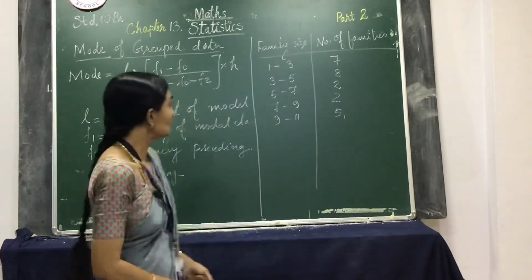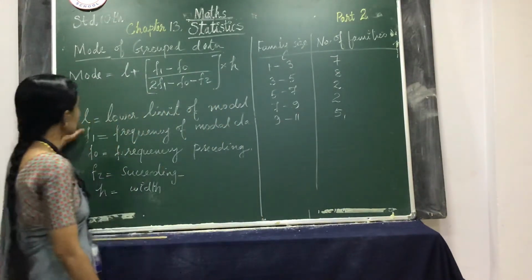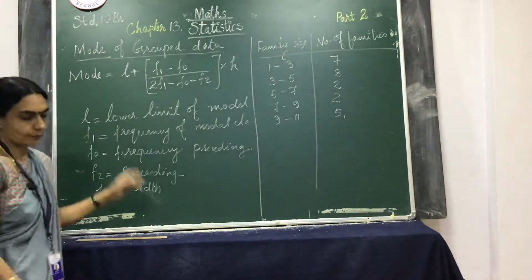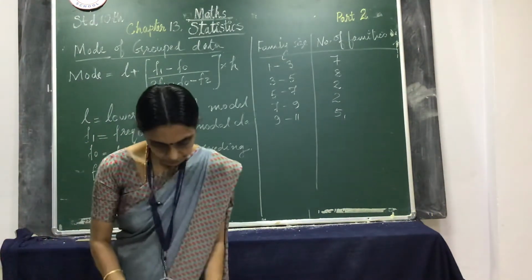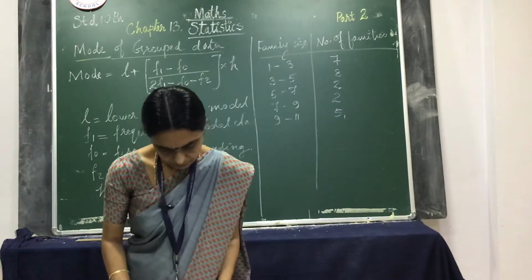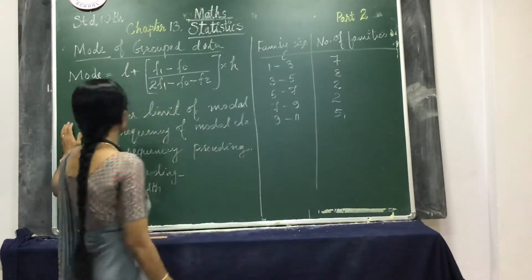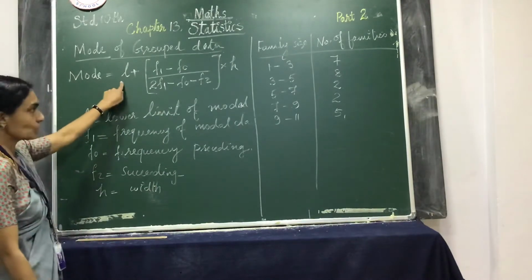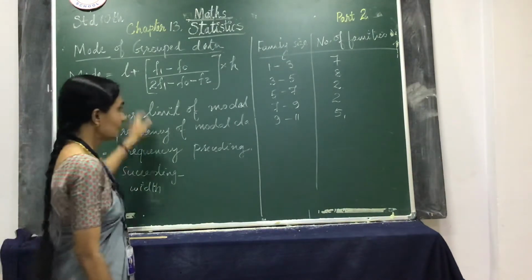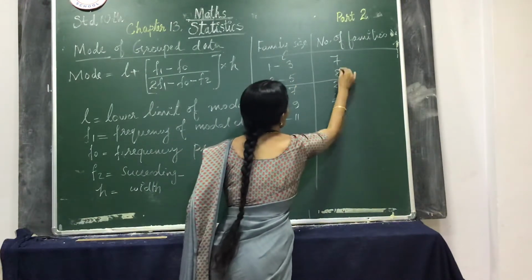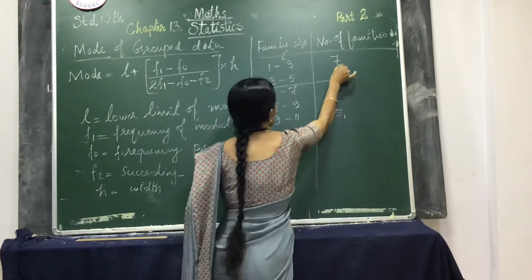And here, first, the letter L is the lower limit of the modal class. So which is the modal class? The modal class means the class interval having the highest frequency.